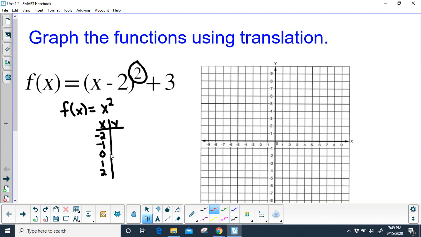Squaring means multiply it by itself. -2 squared is 4. -1 times -1 is 1. 0 squared is 0. 1 squared is 1. 2 squared is 4. That's what we call a parent function, the very basic function without any numbers, without any translations. This looks like a U-shaped graph.